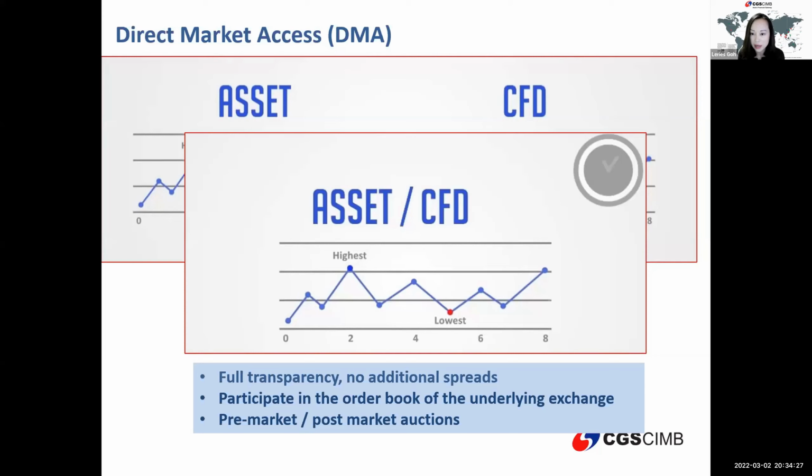For DMA clients, say CGS-CIMB clients who participate in CFD trading, you are able to participate in this pre and post market session. But for market makers, that is not the case. If the Singapore market opens at 9, only from 9:01 onwards can you place an order.